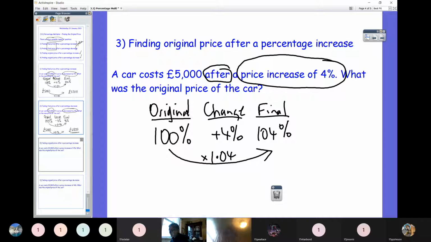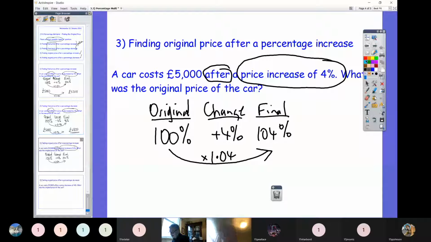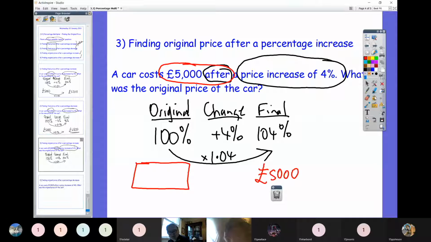Now, this is where the difference comes into play. Where do we slot that £5,000? That £5,000 is our final price, so it goes in the final column, and we are working backwards. We're trying to work out the original price on the left. So we're going the other direction. We don't multiply by 1.04. What's opposite of multiplying by 1.04 is dividing by 1.04.